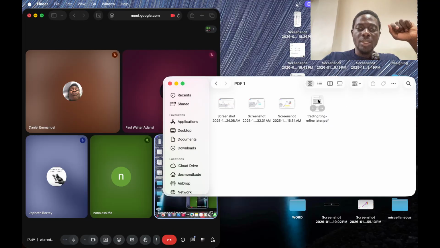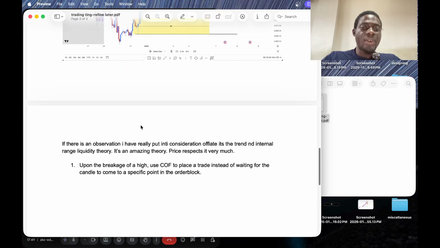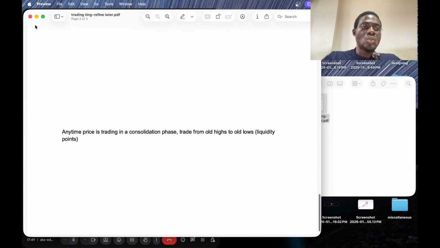So this is what I do. I take screenshots of what I have seen, and then I put an interpretation on it, and then I file it down. Sometimes when I'm sitting down, I just go over and read my PDFs again, and I am hoping that in the future it will be enough for me to write a book.